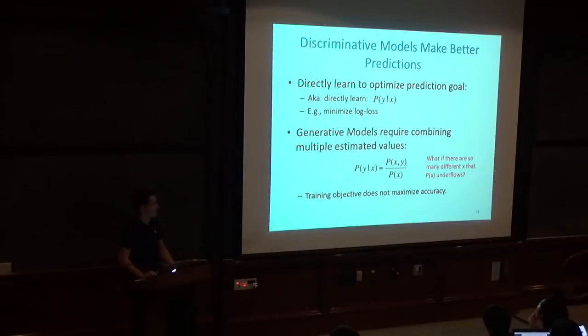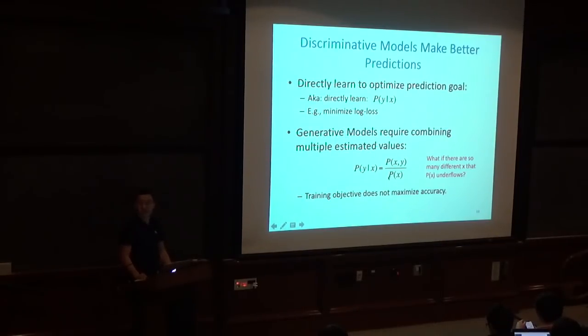There are some very simple extreme cases. For example, if there are many different x's and a huge number of possible values, p of x can underflow a little bit. This is an extreme case, of course, but then this estimate is extremely unstable.